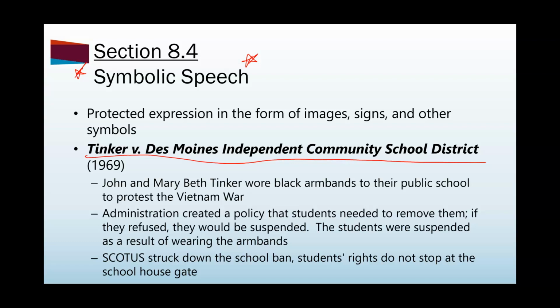So, for instance, we'll look at another major case that may help you understand what's going on. Symbolic speech was also involved in a case called Texas v. Johnson. Johnson was going against the war, and he burned an American flag in the state of Texas.